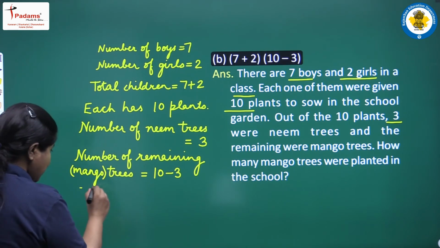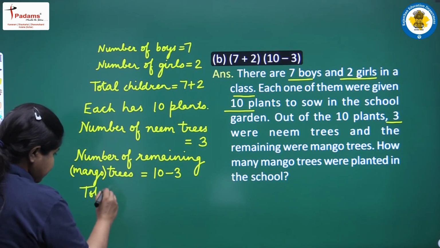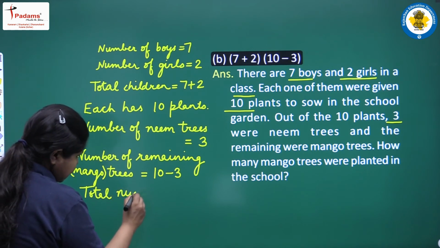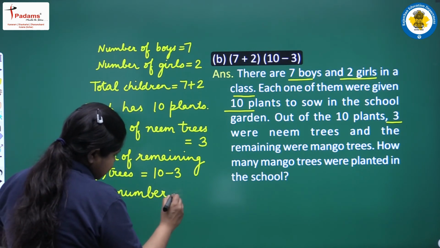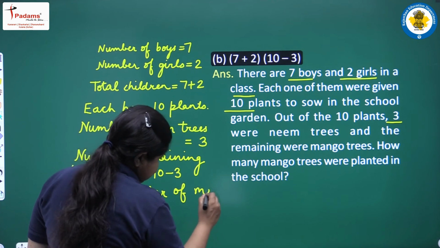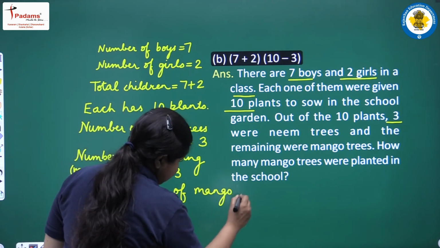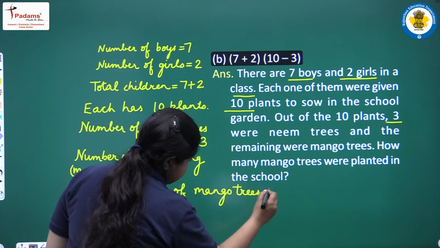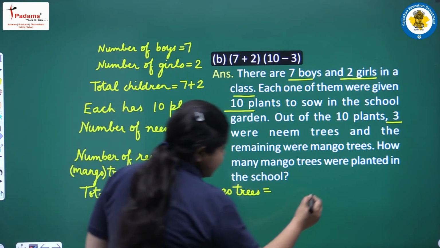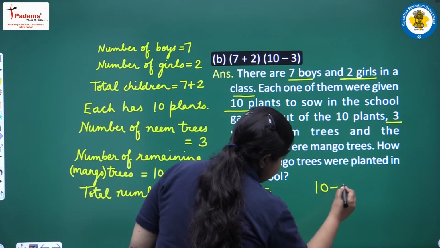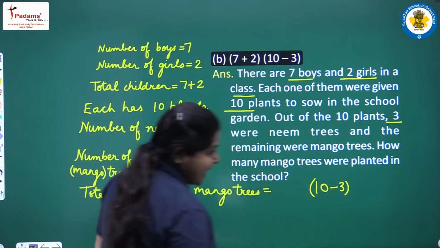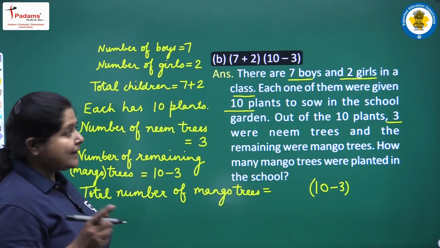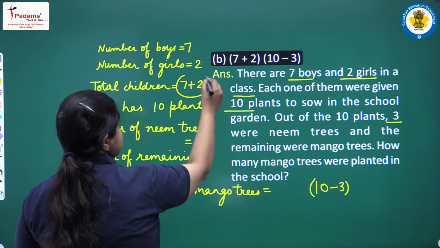Okay, now the total number of mango trees will be, clearly, 10 minus 3 is the number of mango trees one child has, and how many children are there? 7 plus 2.